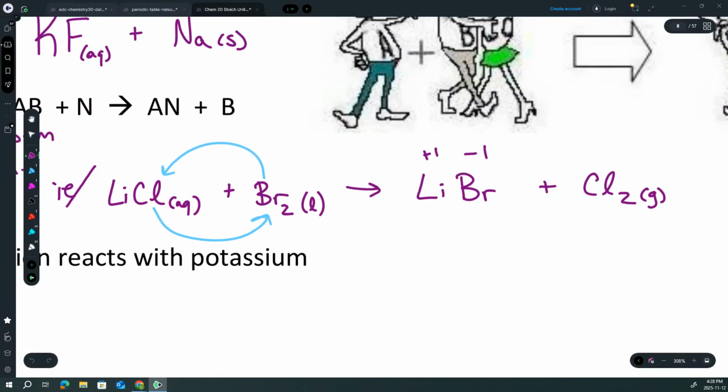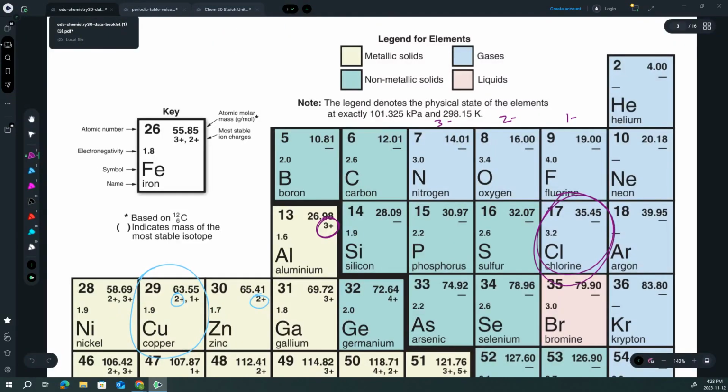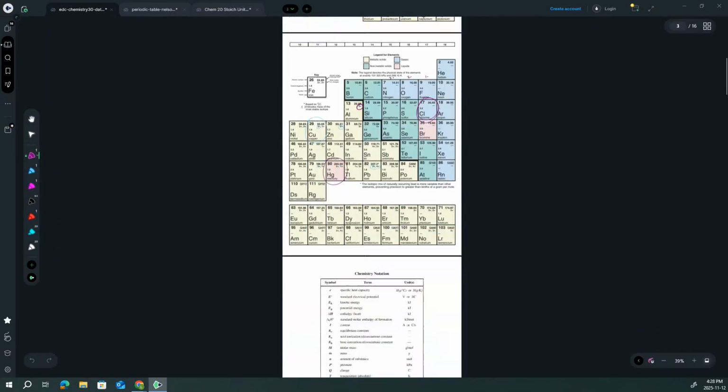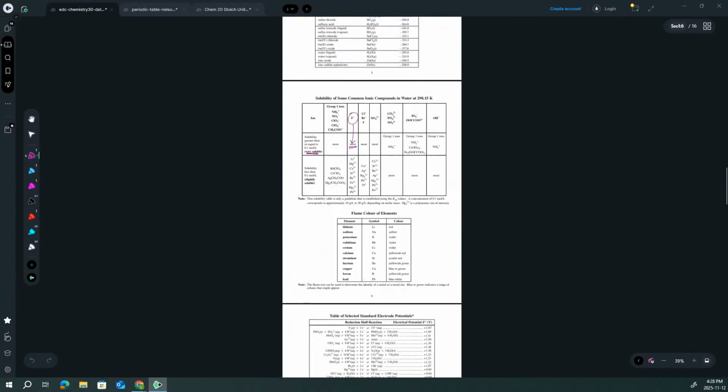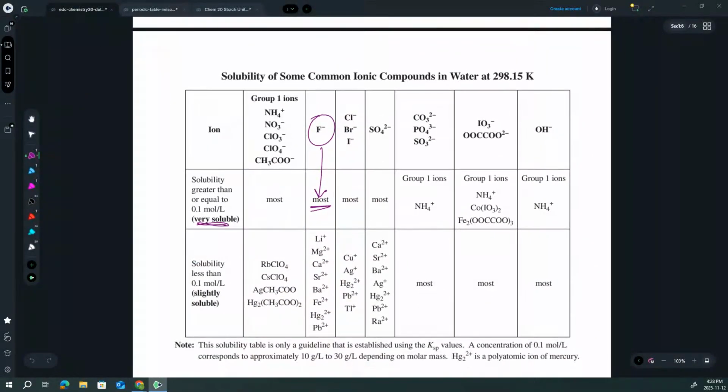Now back to lithium bromide. Because water is involved in this reaction, since lithium chloride was aqueous, so it was dissolved in water, we do need to check the solubility of lithium bromide. So we need to go back to our handy dandy solubility table.